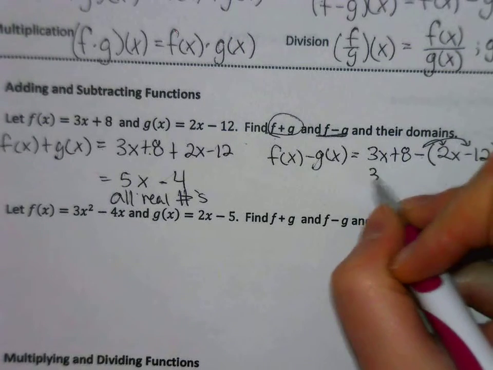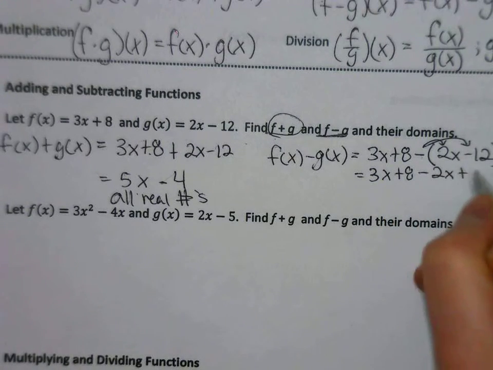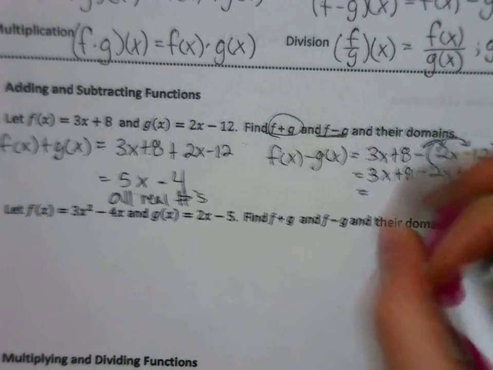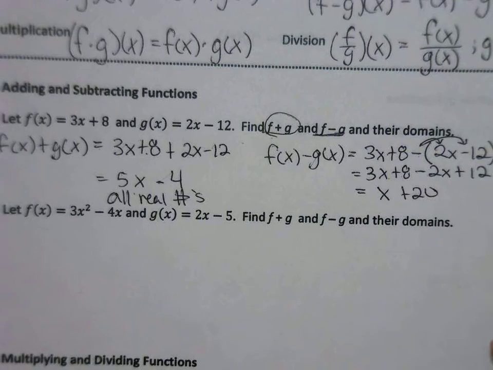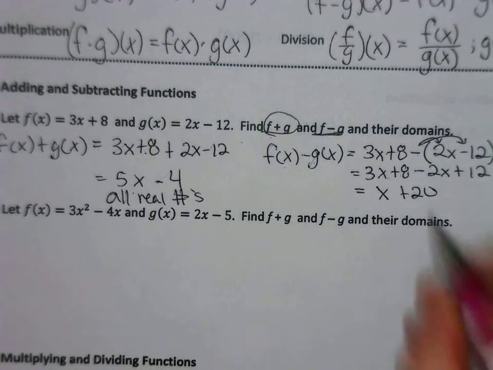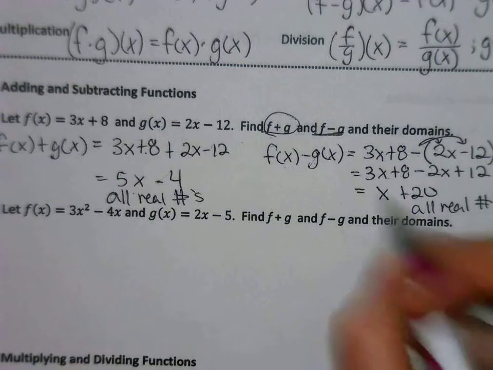So now we end up with 3x plus 8 minus 2x plus 12. Now when we simplify that, 3x minus 2x becomes 1x. 8 plus 12 is 20. So f of x minus g of x is x plus 20. And it's all real numbers for our domain because there are no restrictions.